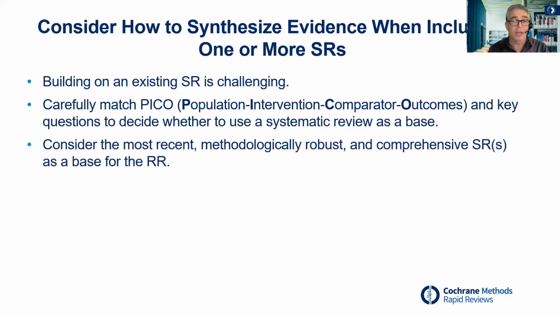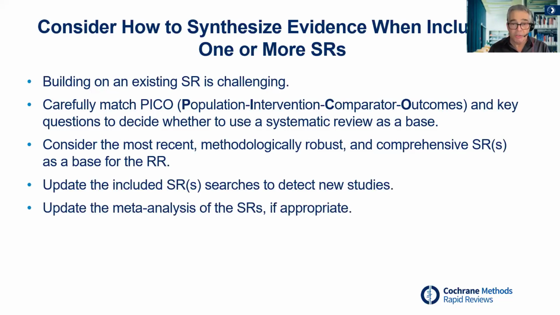And if there are more than one review, consider the most recent, the most methodologically robust, and also the most comprehensive systematic review. And if you decide to use a review, then update the searches and update any meta-analysis if appropriate. Webinar 2 of our series provides guidance on how to update literature searches of existing reviews.